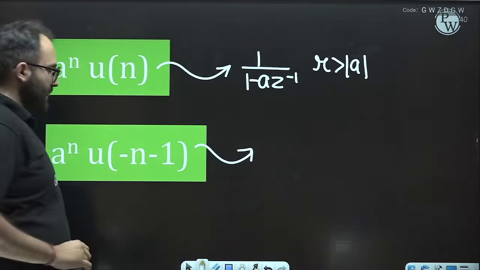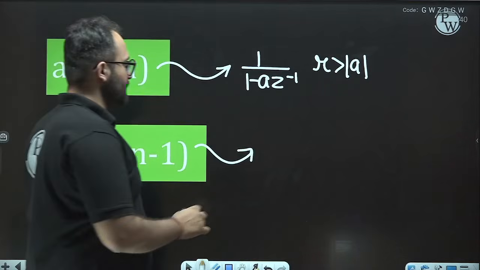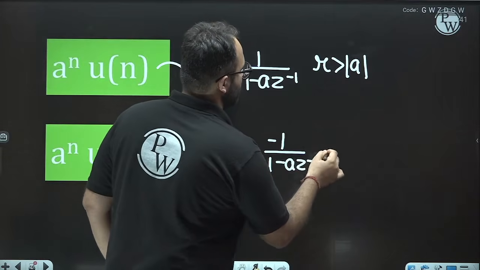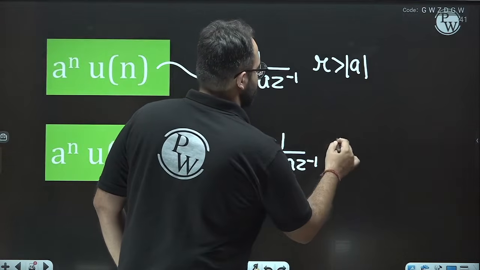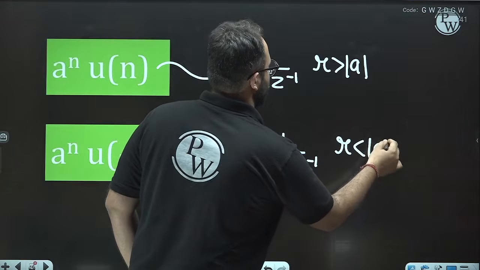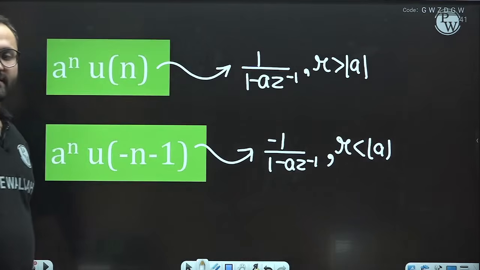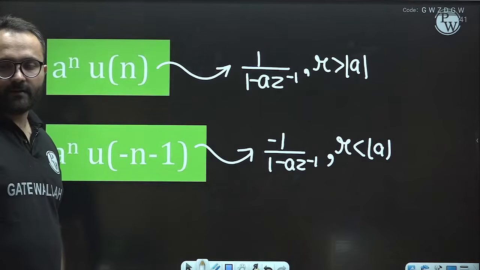And for a to power n u of minus n minus 1, it is minus 1 upon 1 minus a z inverse, and the ROC is r less than magnitude of a. So these are the two things that we have to remember.